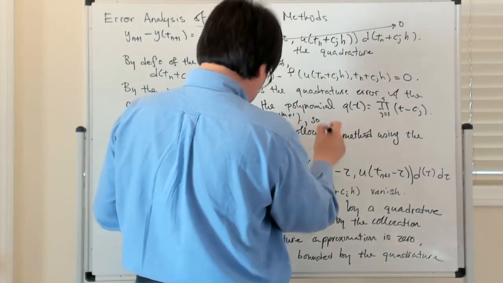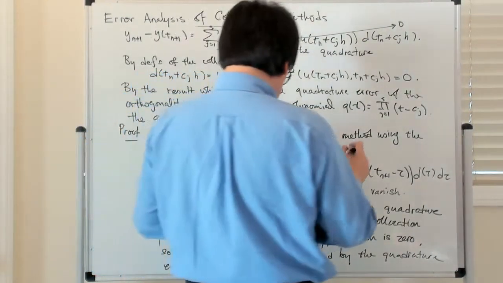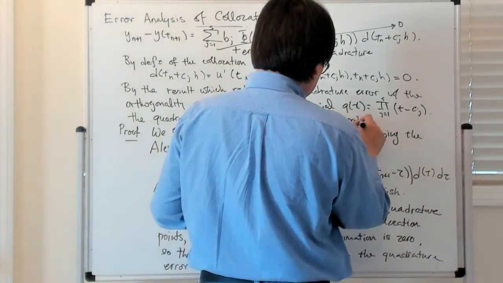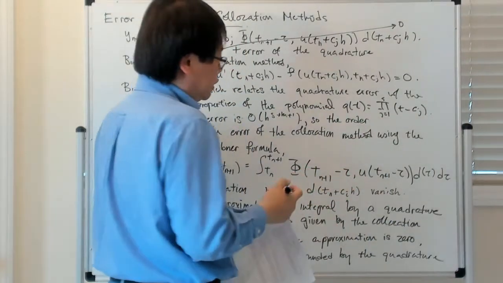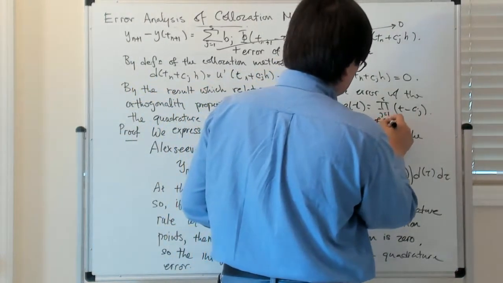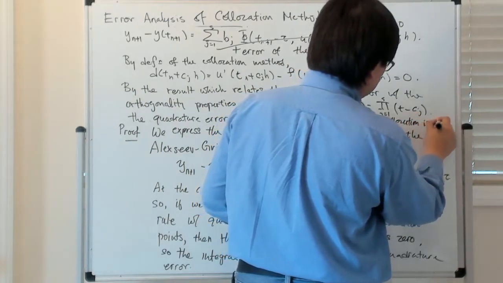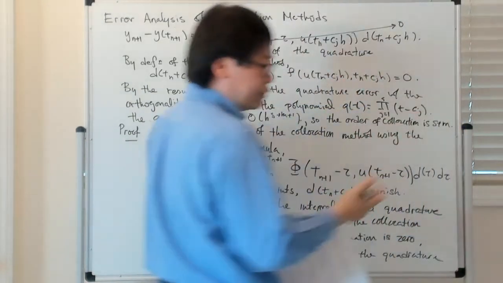So the order of the collocation method is s plus m, which is what we were trying to prove.